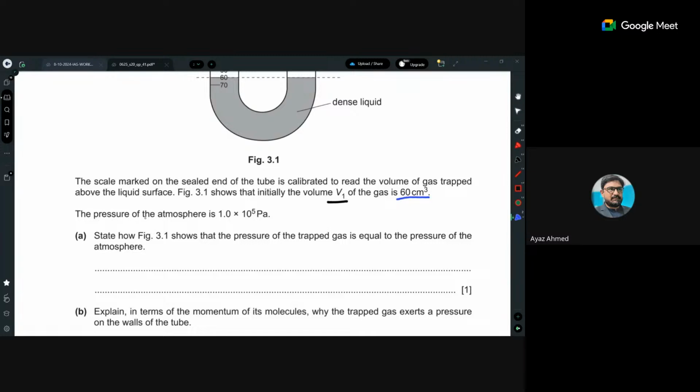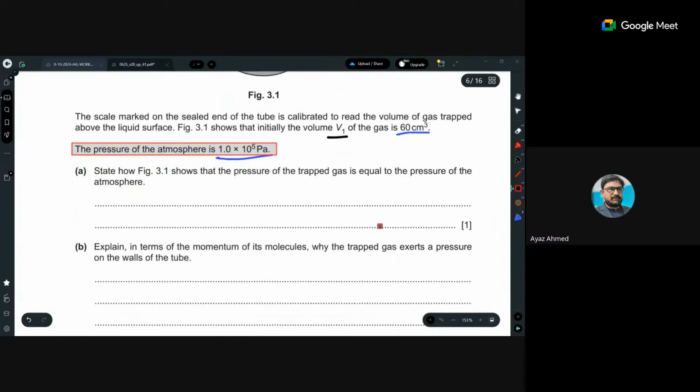The pressure of the atmosphere is 1.0 into 10 raised to power 5 Pascal. This is extra information, and you have to keep this information with you when it is given. State how figure 3.1 shows that the pressure of the trapped gas is equal to the pressure of the atmosphere.